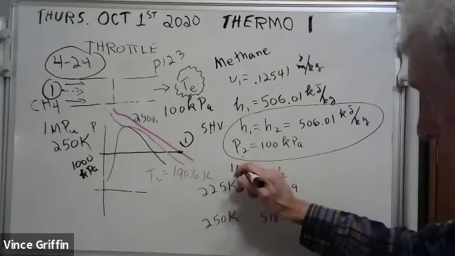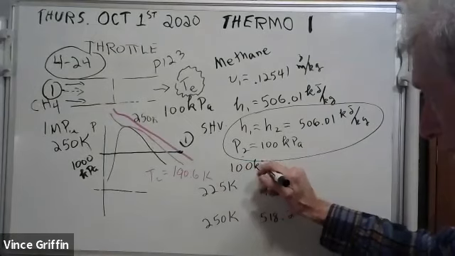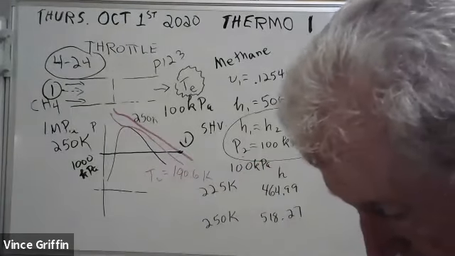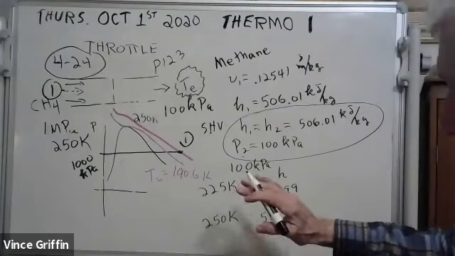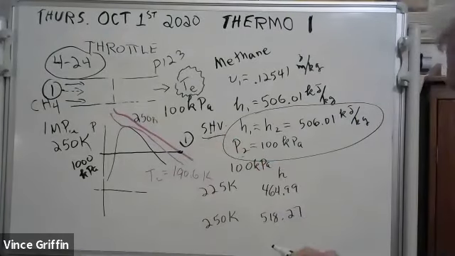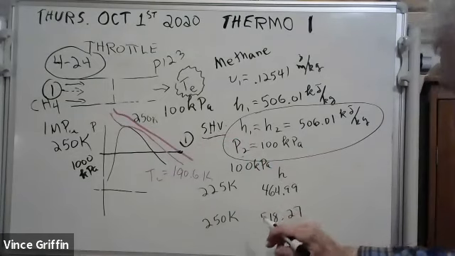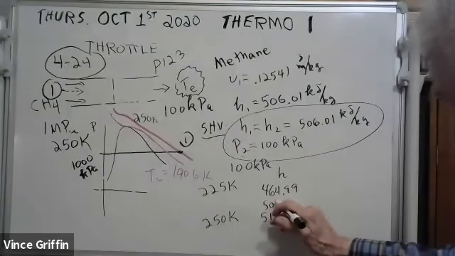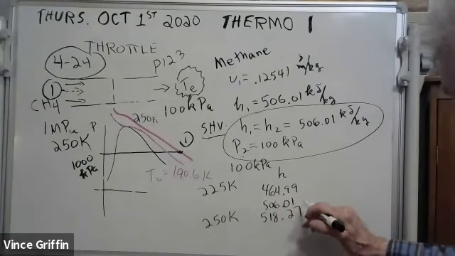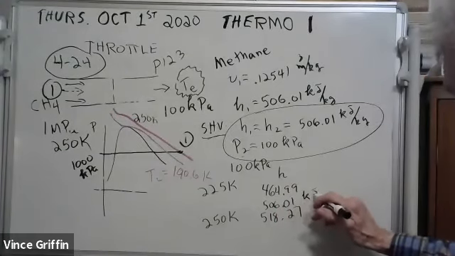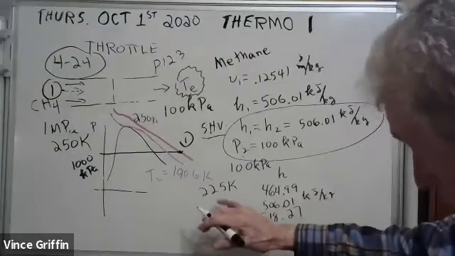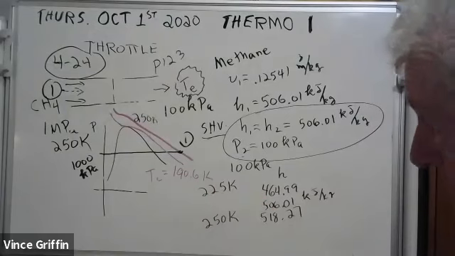Now this is all at the 100 kilopascal. See if you can find that in the superheated vapor methane table. And see, what we want is 506.01 kilojoules per kilogram. We have to interpolate between here.